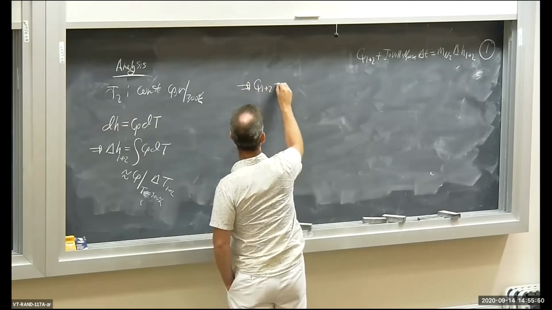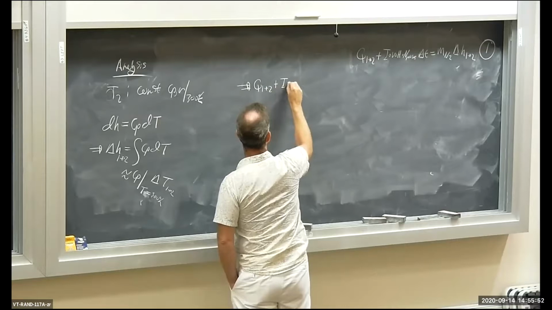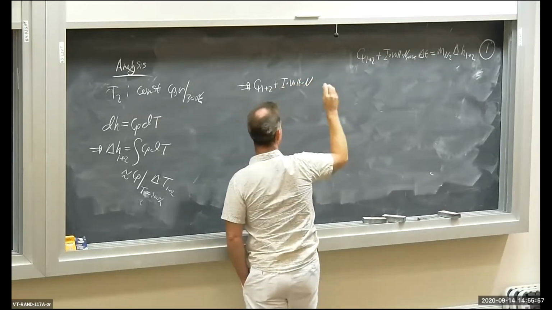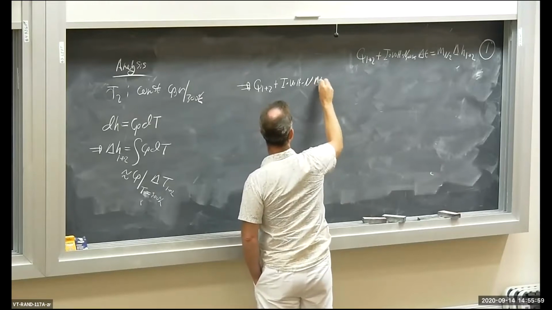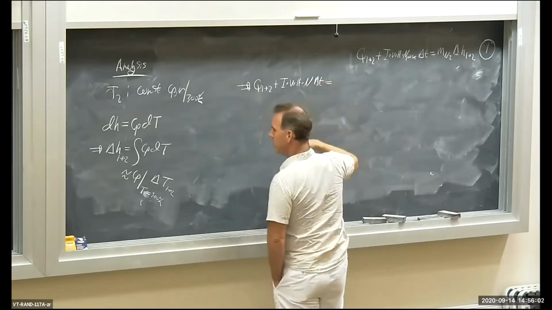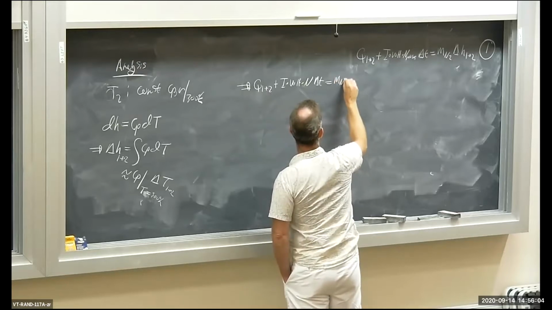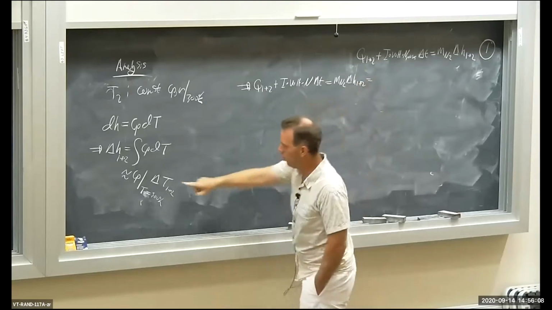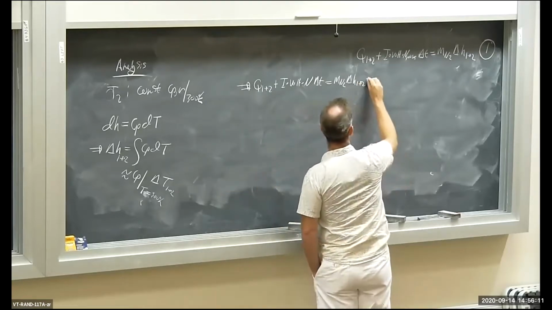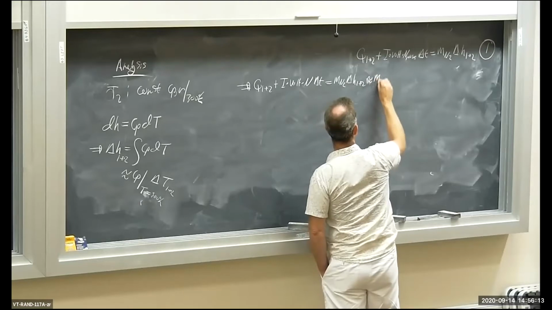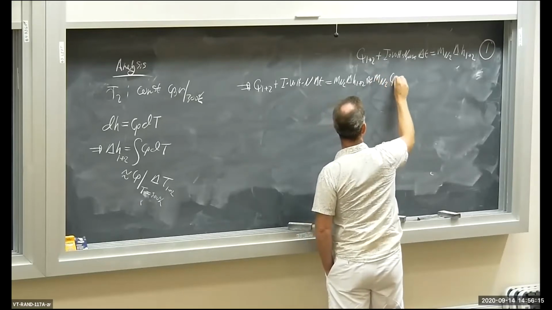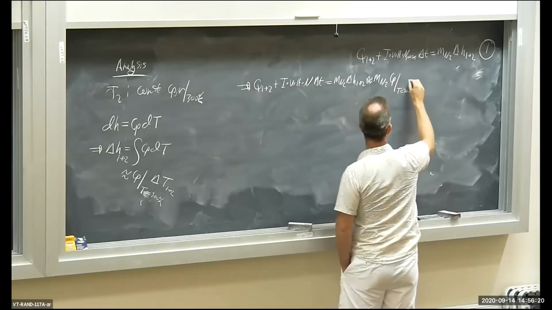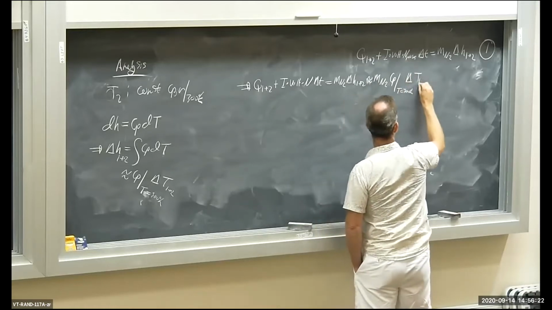Q 1 to 2 plus I times voltage times N, forget resistors, times delta T is equal to m N2 delta h from 1 to 2, or approximately equal to the mass of the nitrogen, Cp evaluated at 300 degrees Kelvin, delta T 1 to 2.